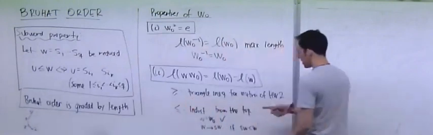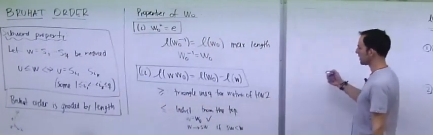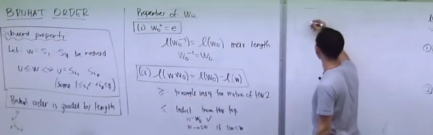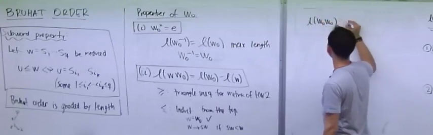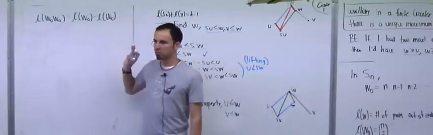So what is this statement saying for W naught? For W naught, this is saying that the length of W naught is equal to the length of W naught minus the length of W naught. Okay? But now that we know that this is the identity, I'm saying 0 is equal to 0.